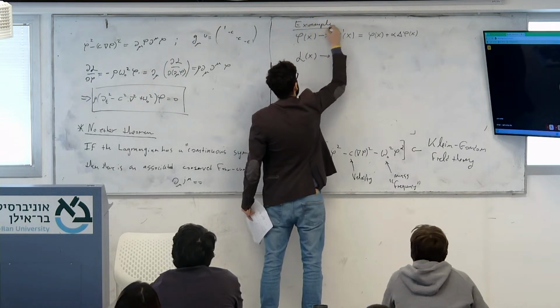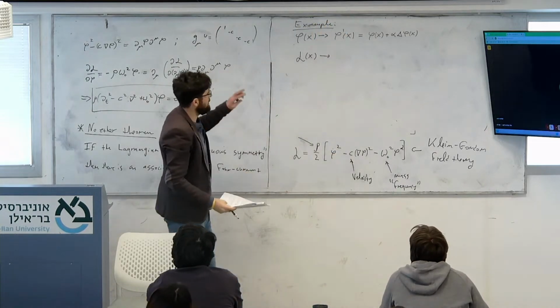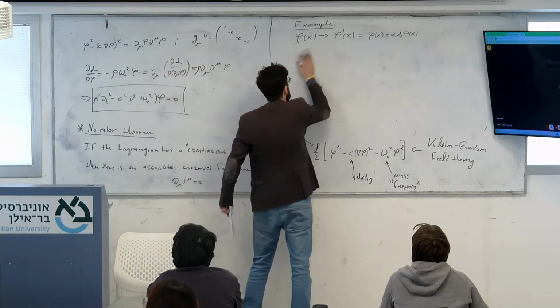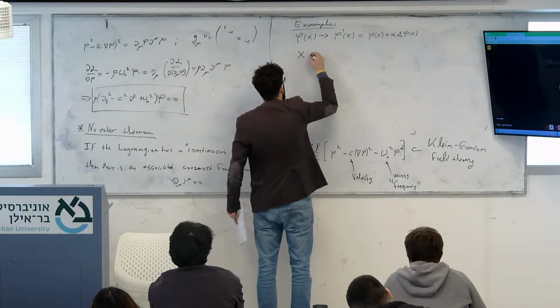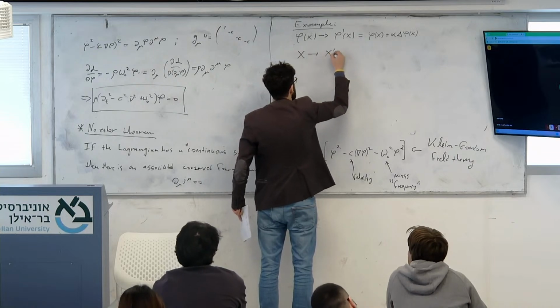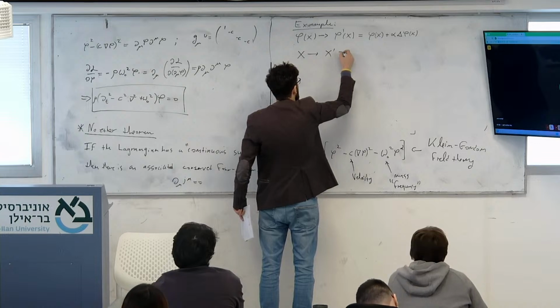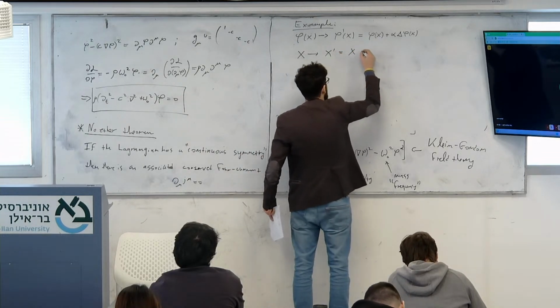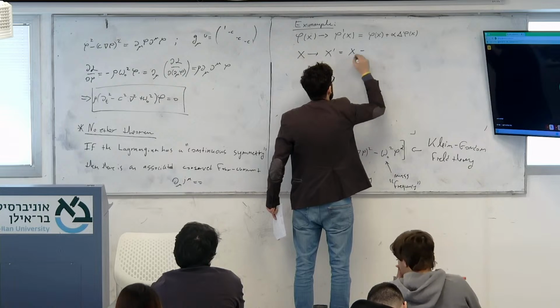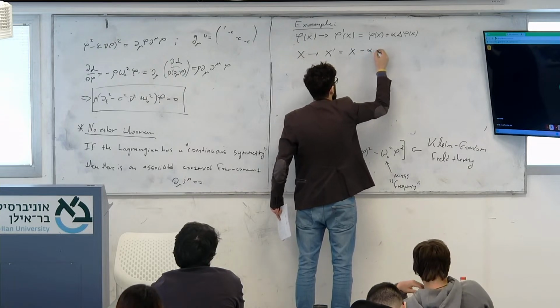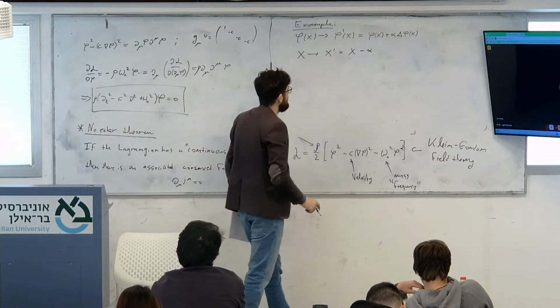Why do I say that it's an example? Because it doesn't have to be a variation of the field. It can also be a variation of the coordinate. Maybe I'll write it. So you can also have x going to some x prime, which is equal to the original x minus some alpha. Okay.